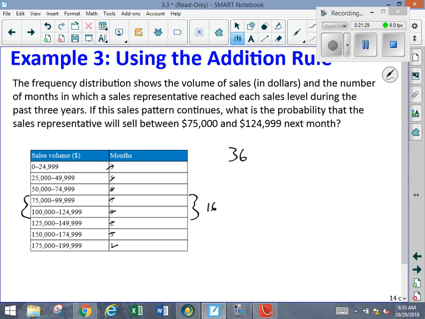Oh yeah, there are 3 years, so that makes sense. 36 total months, and 16 of them were successes, our desired outcome. So remember our probability?